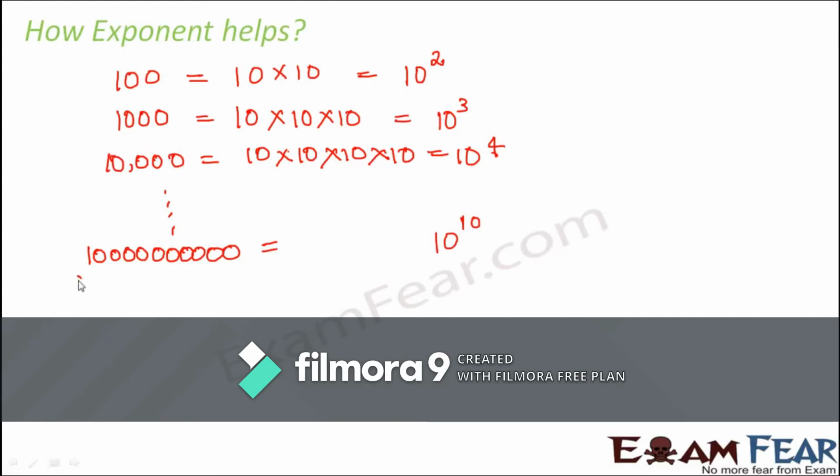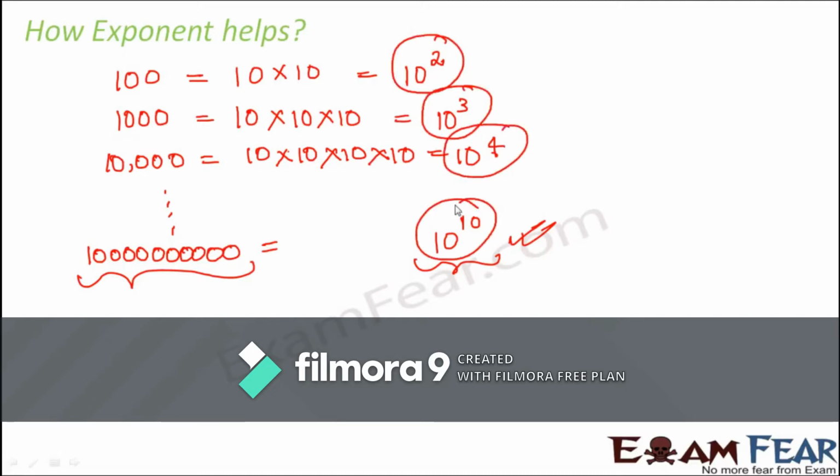Now you tell me which is more convenient, writing this or writing this. Definitely writing this is more convenient. So you see that these are easier representations of numbers, especially when we deal with very big numbers or very small numbers. This type of representation is called the exponential form of representation.